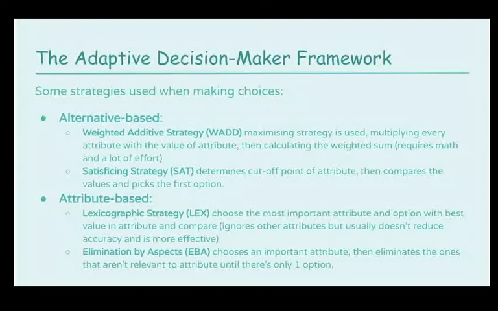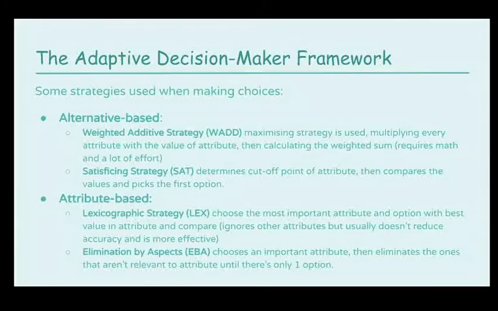There are two main strategies, the alternative based and the attribute based, and there are actually 4 kinds of strategies: the weighted additive strategy, the satisficing strategy, the lexicographic strategy, and elimination by aspects.